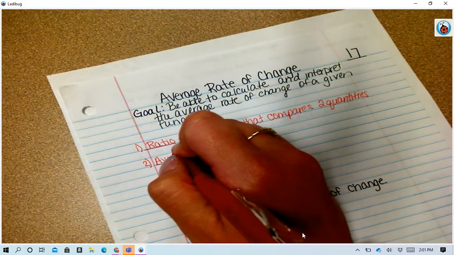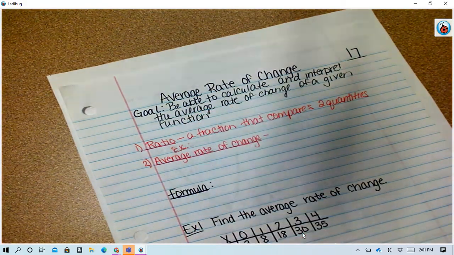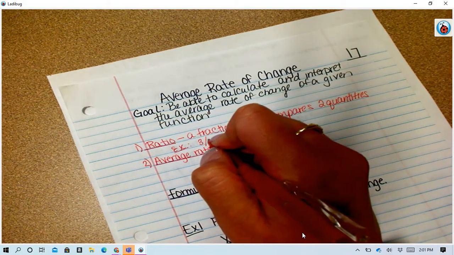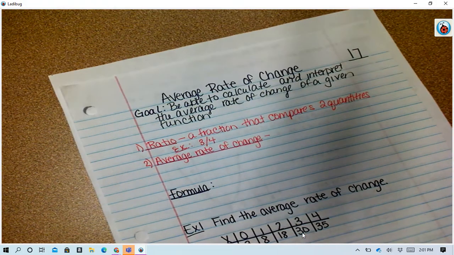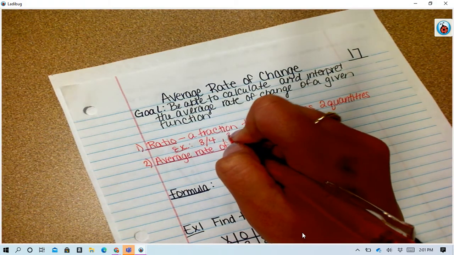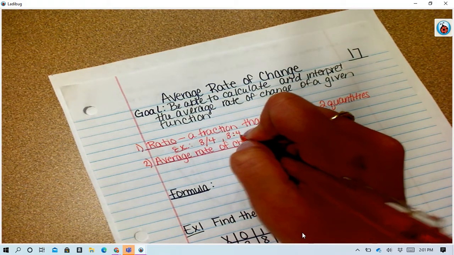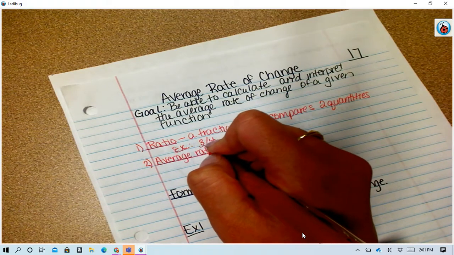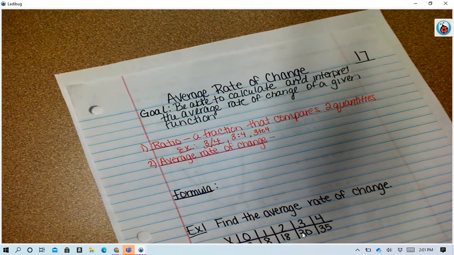And usually we see them as fractions, like if we're comparing three dogs to 4 animals total, like 3/4. It can also be like 3:4. But for the most part, we're going to use the fraction, like 3/4.